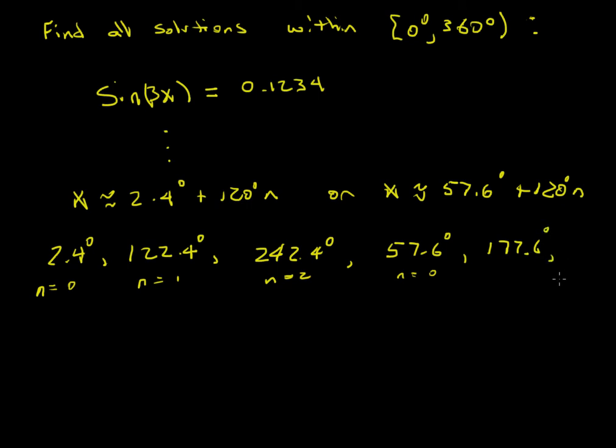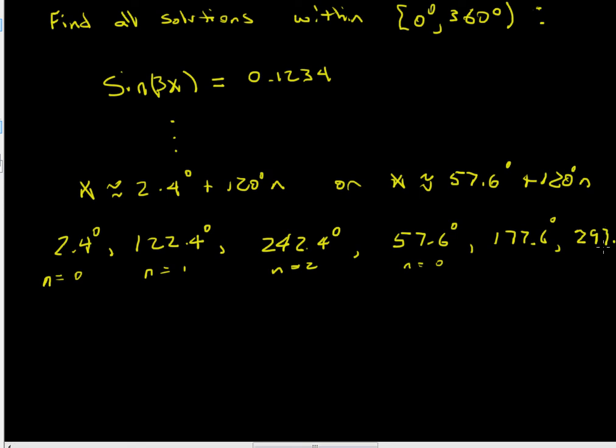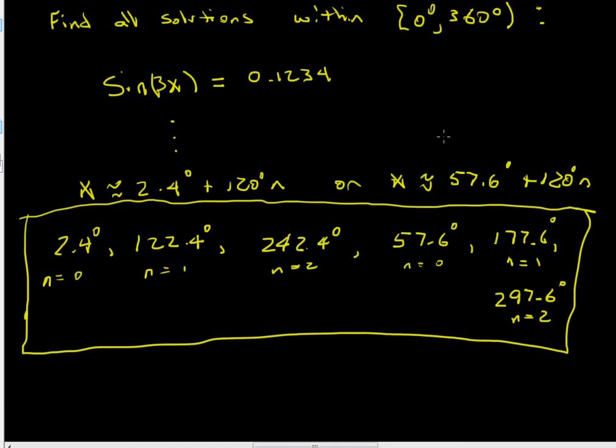And finally, for our 6th and last solution, we would add another 120 to get 297.6. I ran out of space there. So giving us a total of 6 solutions.